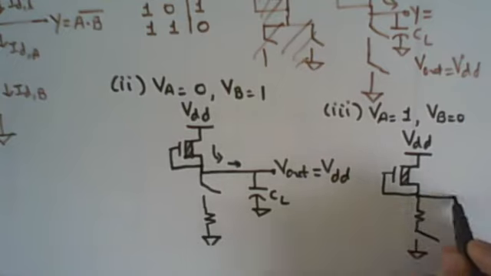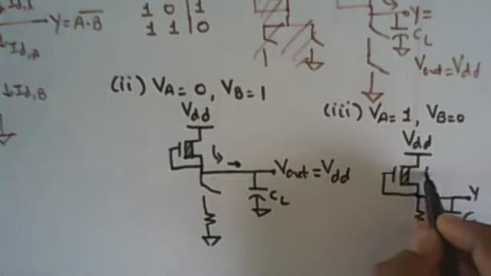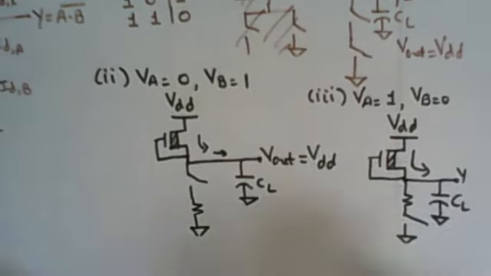So in this case also there is no path to discharge, and the output is maintained at VDD.